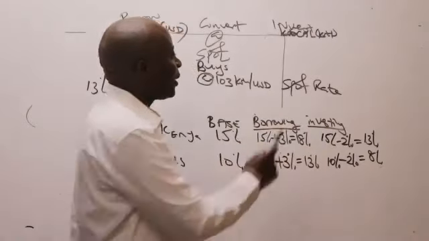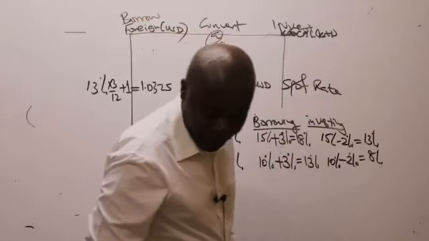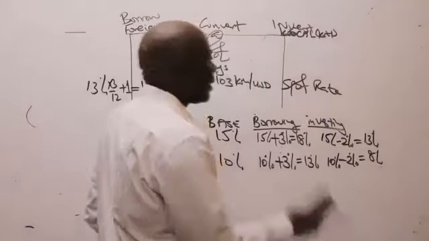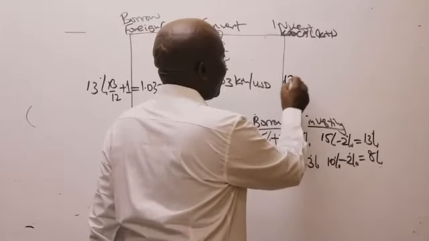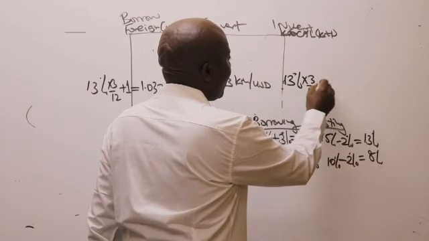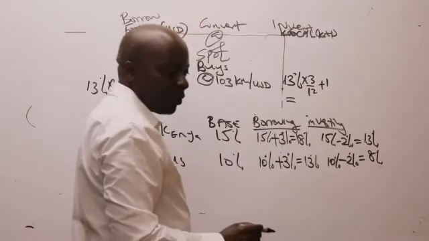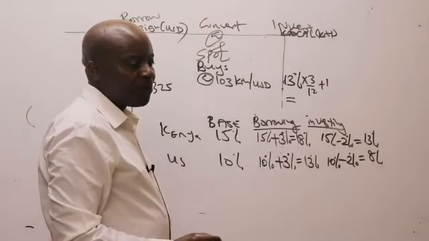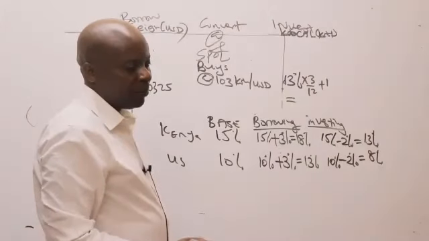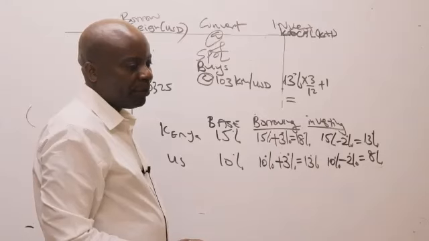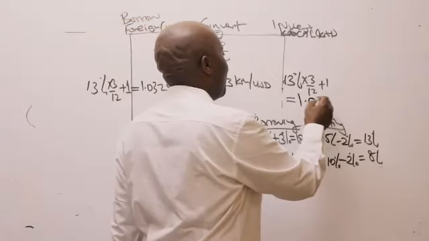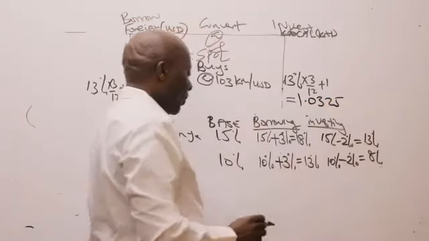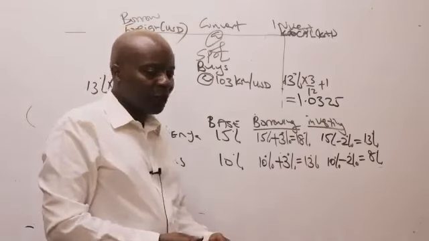It's also coincidentally 13%. It has to be prorated plus 1. So which will end up giving me what figure before I answer my own? The same figure, I suppose. 1.0325.